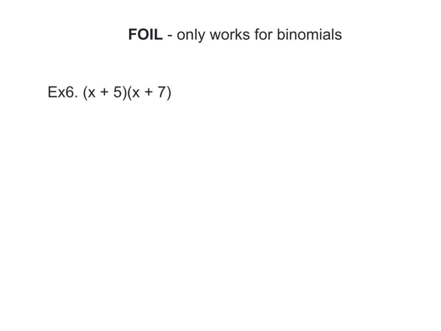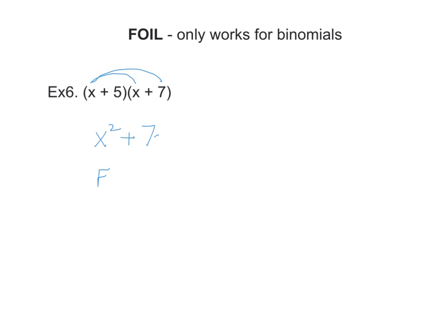FOIL stands for first, outside, inside, last. It reminds you about how to distribute into the other binomial. First would be the first terms, or in this case, x squared. So that represents the F part of it. Outside are the outside numbers here.